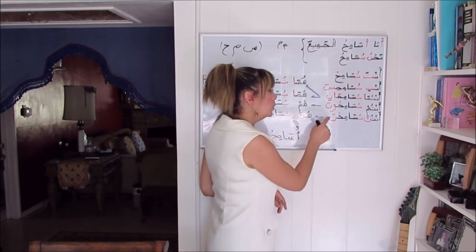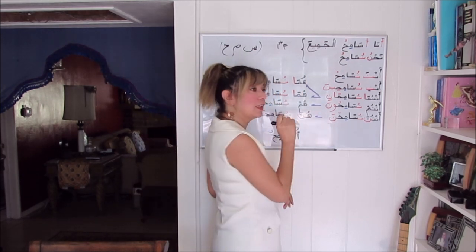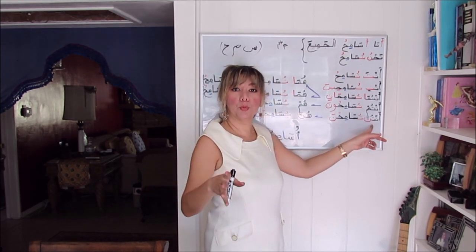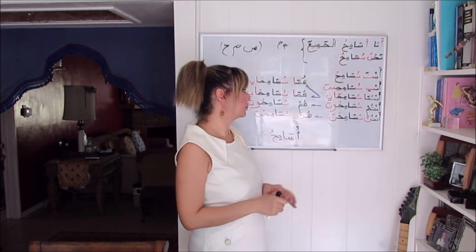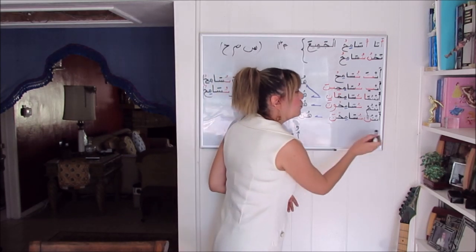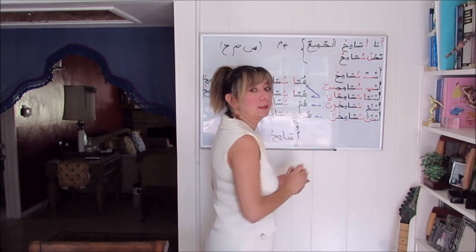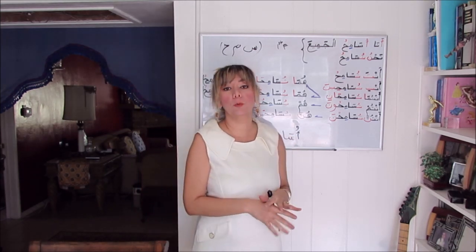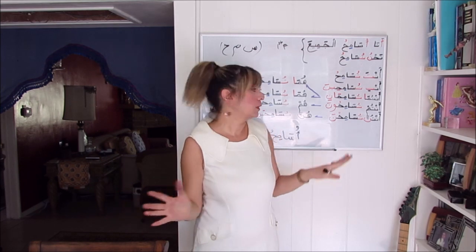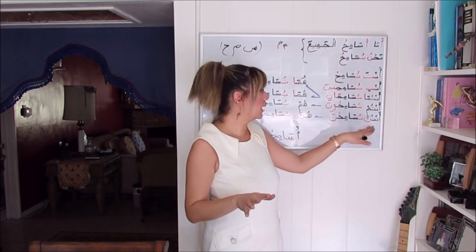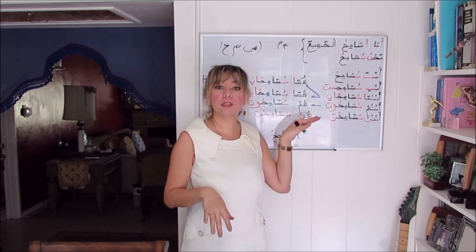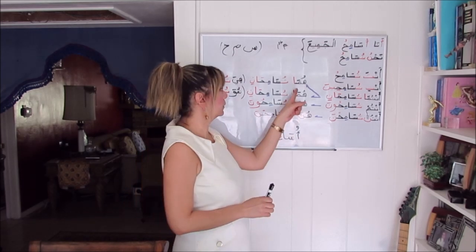But this noon is just a suffix referring to feminine plural, second person. And this is invariable, because it doesn't change in form with the other moods. It keeps its form. And tunna and hunna keep the same form within the other moods.